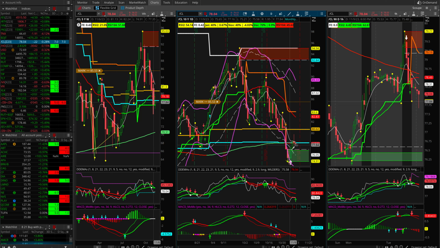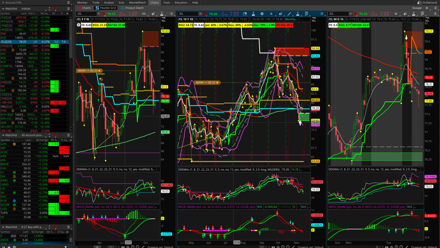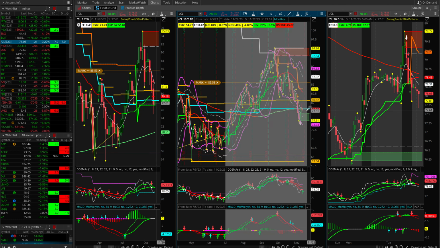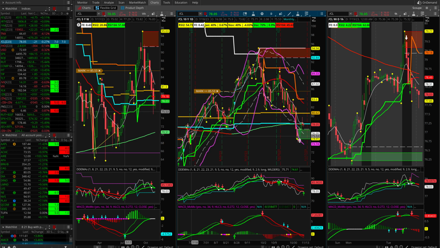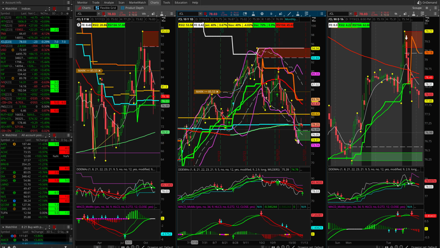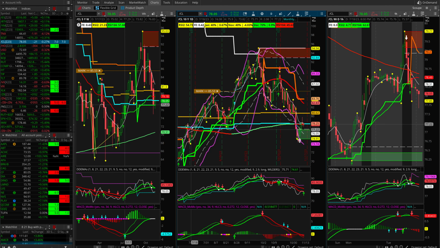This could be a nice buy area, or else it's just going to fall through. We could do a little deeper dive there. Yeah, that certainly looks like it could be a supply area.